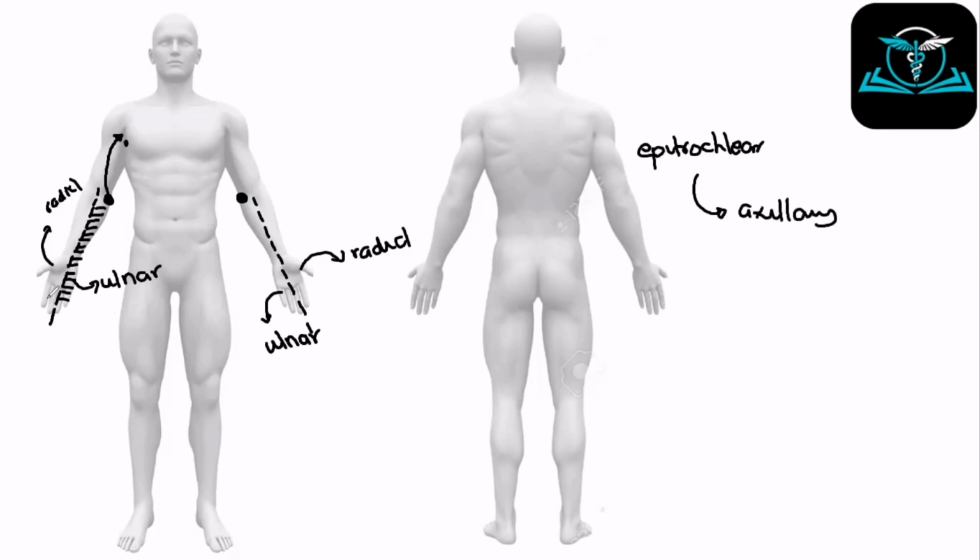So the question is, which lymph node is expected to drain the radial half? This part is chiefly drained by the infraclavicular lymph node.